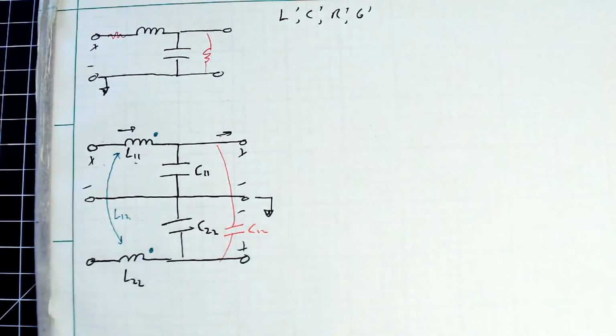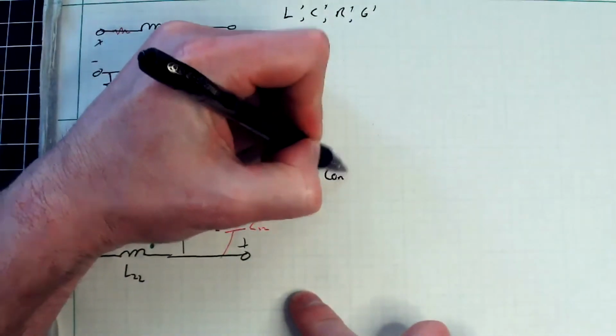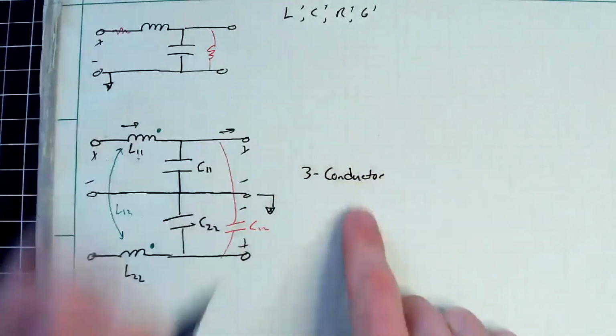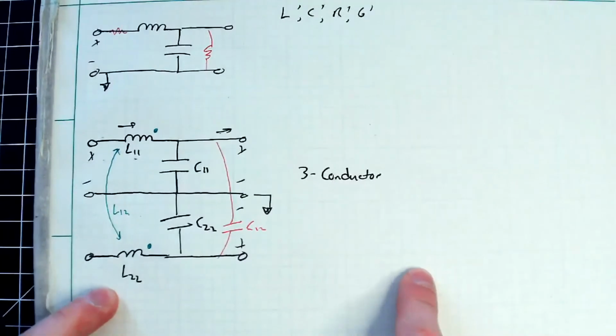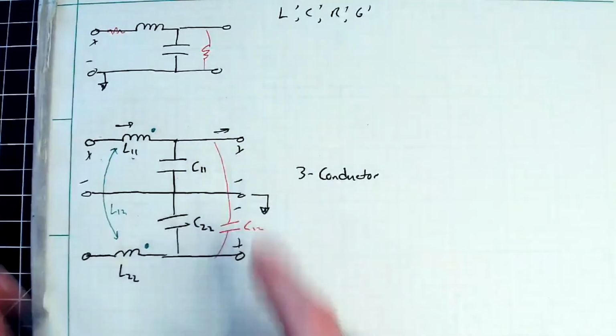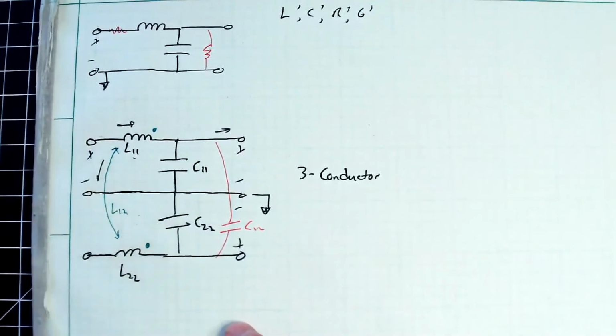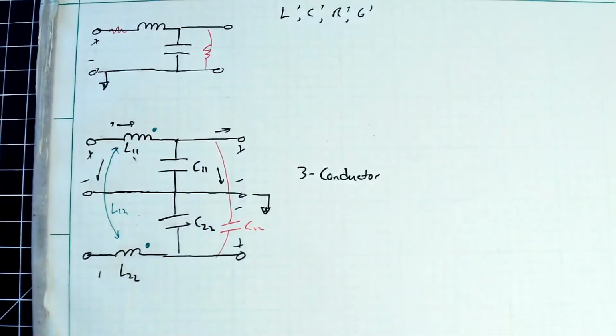But this is a three-conductor transmission line, and you just do the exact same derivation we did before. There's some voltage here with some currents flowing around, but you have this extra voltage crosstalk between these, and a little bit of extra current here, and you just account for those extra terms by applying Kirchhoff's laws.